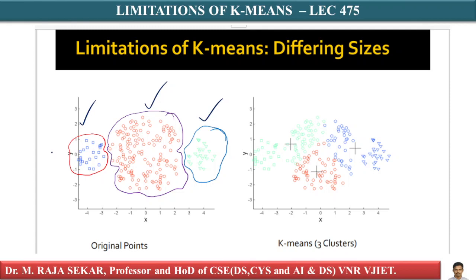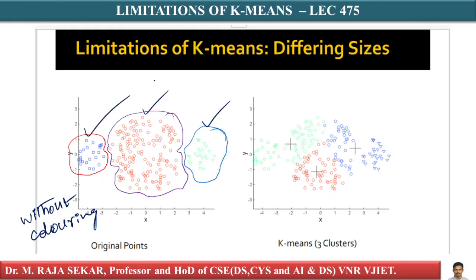If you give this data without coloring, a 5-year-old kid, a human, can label it. A kid can label it, saying this is one cluster, this is another cluster, this is another cluster.